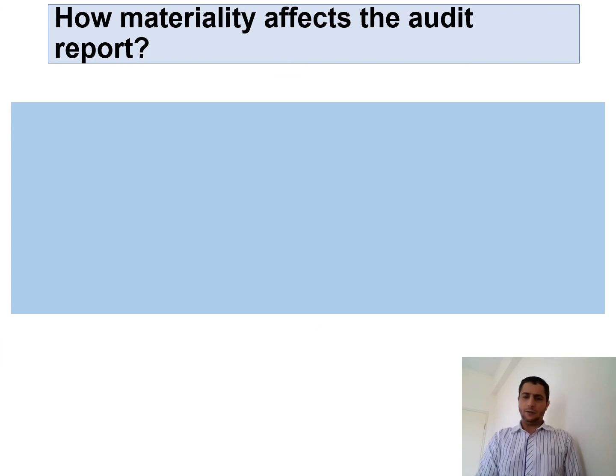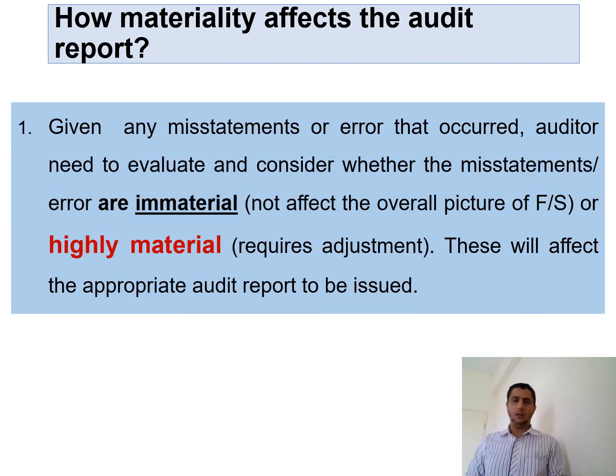So after we complete the discussion of the 5 steps of applying materiality in the stage of planning the audit, and as well in the stage of testing and evaluating the evidence, then we need to say how materiality may affect the auditor report in the following stage, which is completing the auditing process and issuing the audit report.